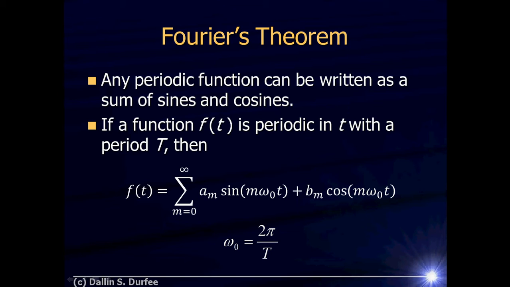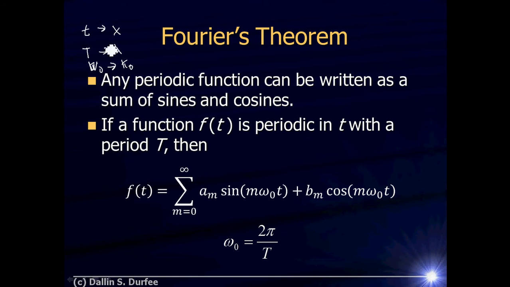By the way, this is not only valid for time. I can also write a Fourier series for position. Instead of writing a function of time, I can write it as a function of x, but in that case the period becomes the fundamental wavelength, and omega naught gets replaced with k naught, and so forth. So you just find the equivalent for x.